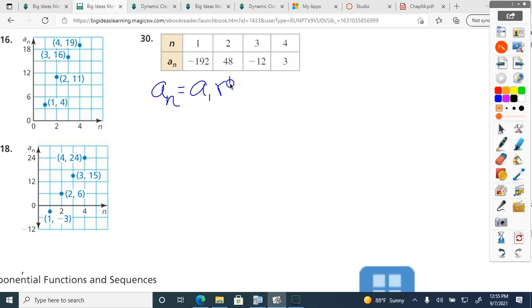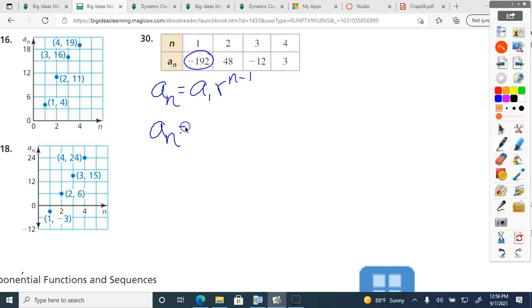A1 R to the n minus 1. Why do y'all think I write it down first? To remember it. Exactly right. Okay? If you write it down before you do it, every time, when it comes time to take the test, you'll remember it. Okay? If you don't, you might not. So, what is A1? What's the first term?